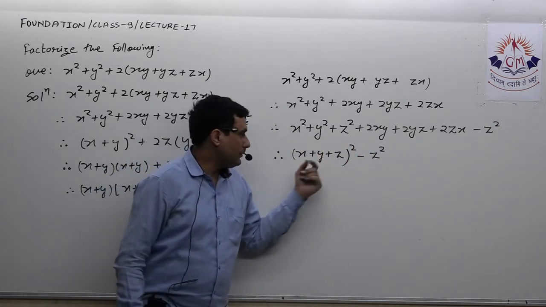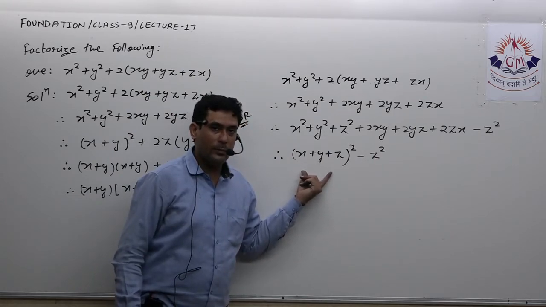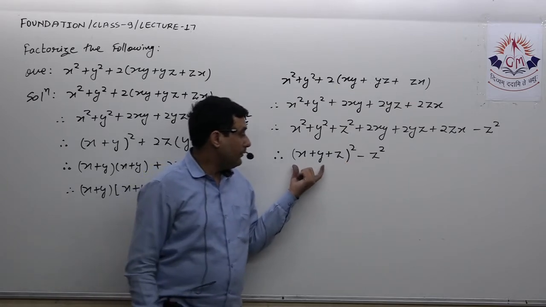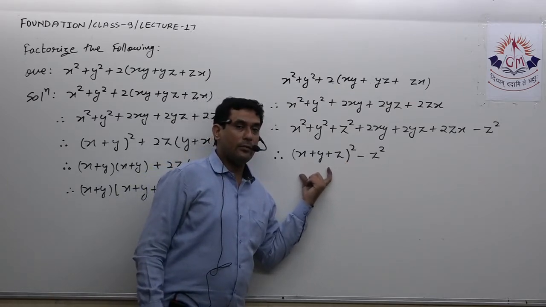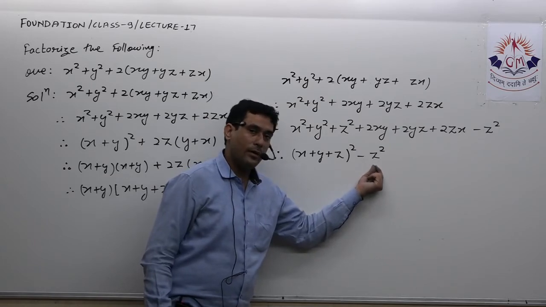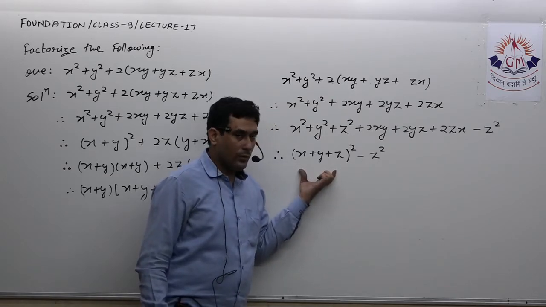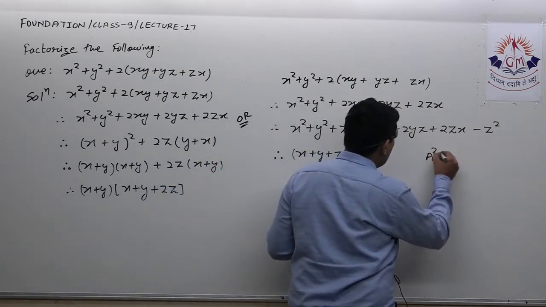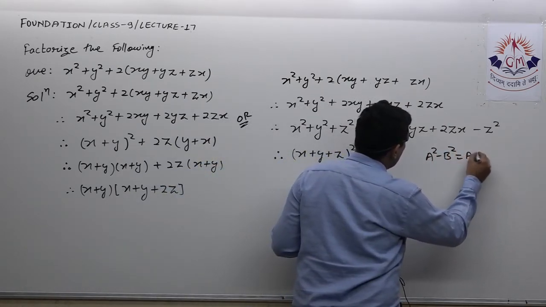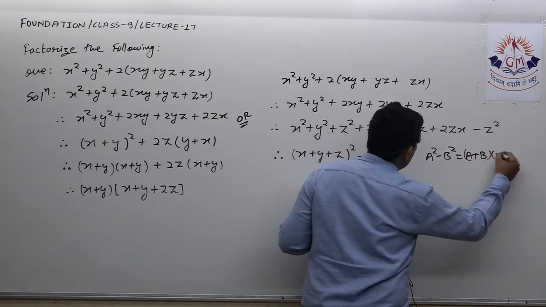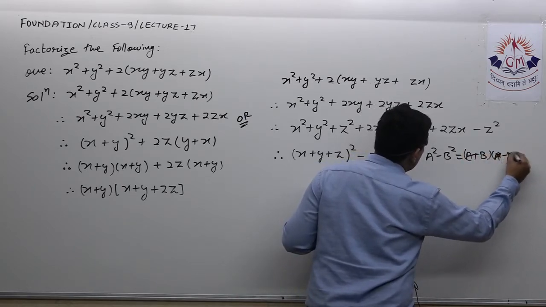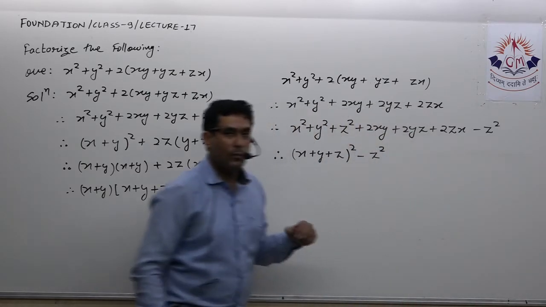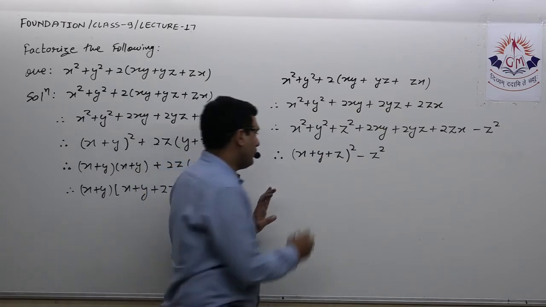First six terms give you the identity of (a plus b plus c) whole square, and here it is again a complete square. Now here we can see this is the identity of a square minus b square. That means square of one quantity minus square of a second quantity, and we know that a square minus b square is (a plus b) into (a minus b). That means this is equal to the product of the sum of those two quantities and the difference of those two quantities.